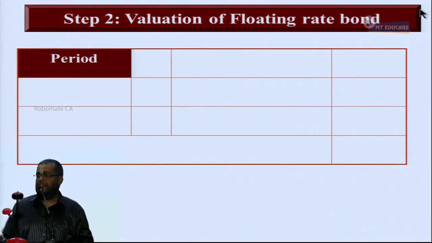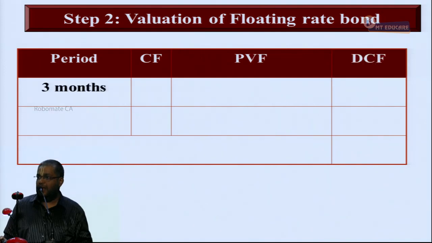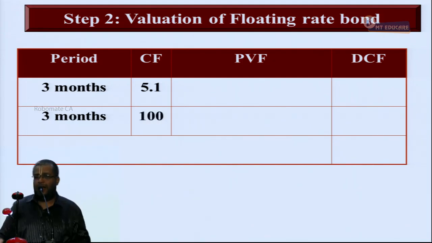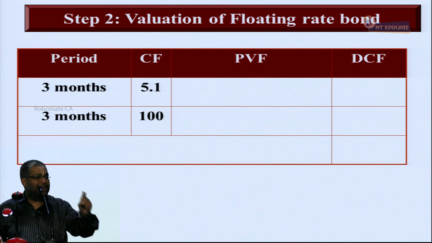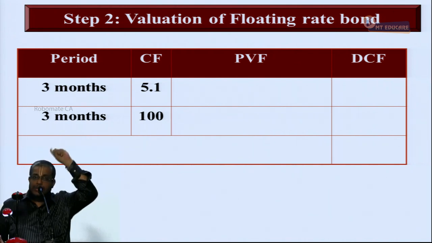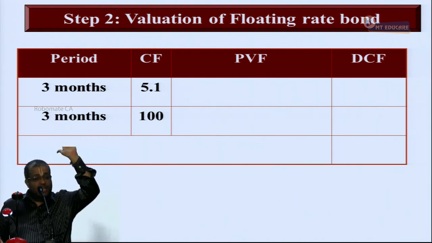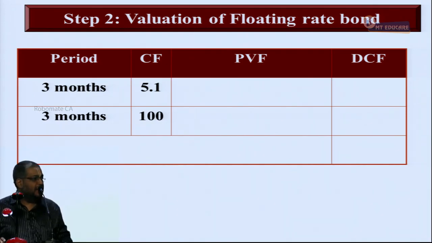No. All of you, see, I'll just calculate this. So valuation of what bond here? Floating rate bond. When I buy the bond, I get after 3 months how much? 5.1 and then what? 100. Don't say, sir, what if I keep it for 15 months here? Holding period does not affect the value of the asset. When we discussed equity valuation, we discussed it or not?